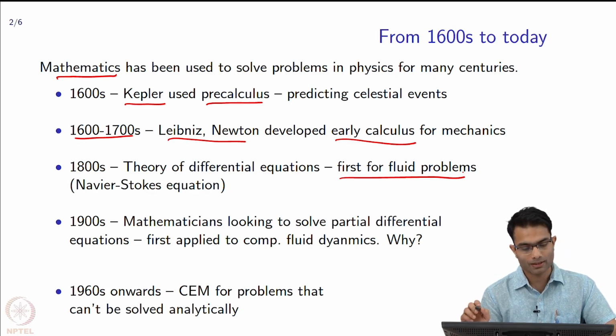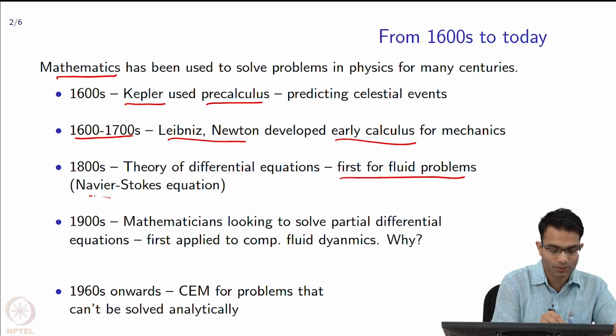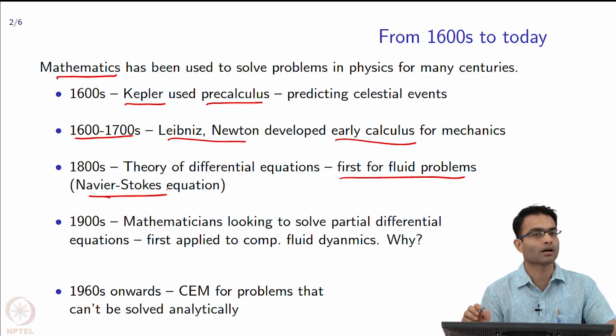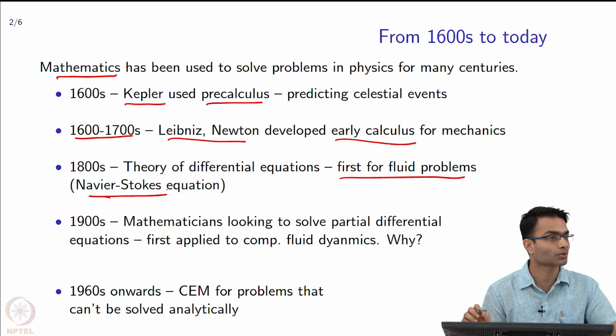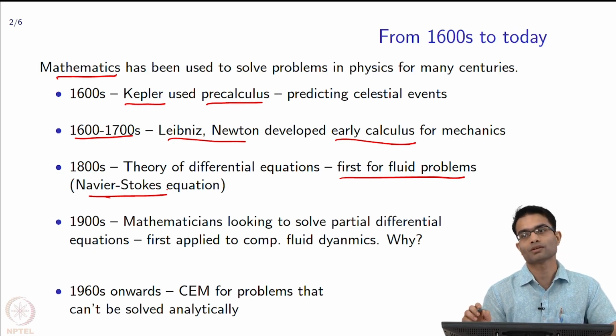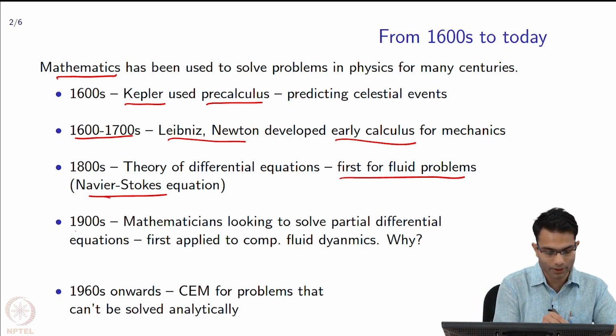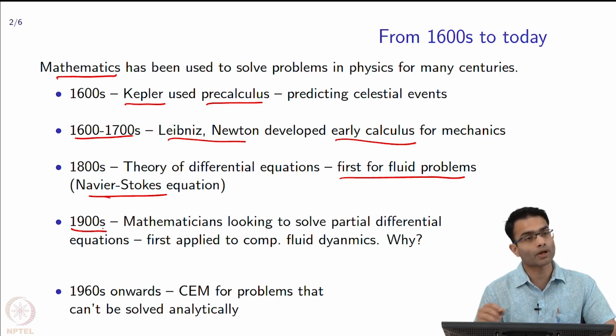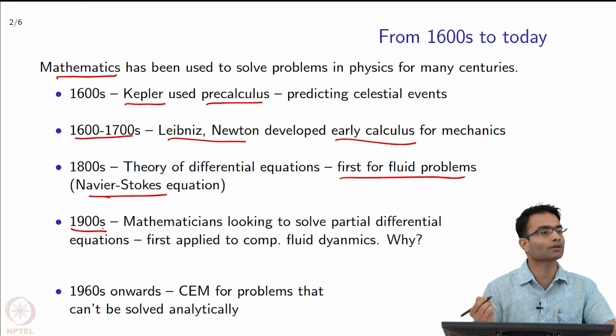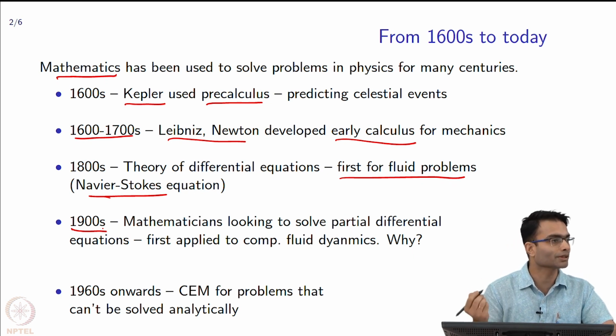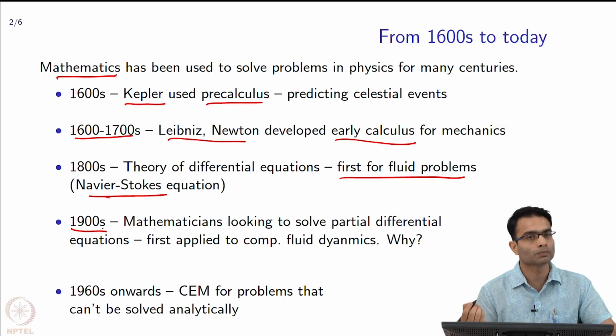Now what is interesting about the Navier-Stokes equations is that they are non-linear and they do not have analytical solutions, okay. So you can imagine that would have led to a lot of work starting from the 1900s. If I tell you that a method does not have a closed form solution, there is no analytical solution for it, then what will you do?